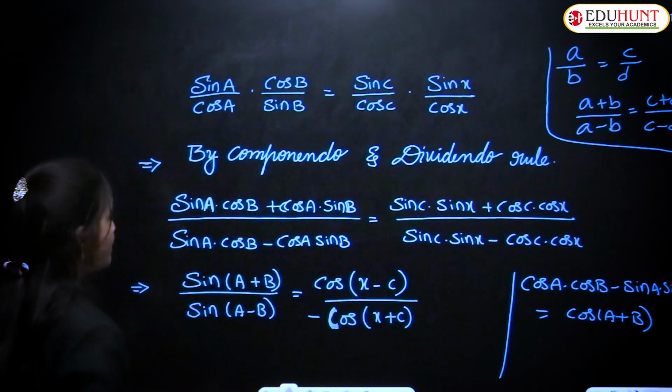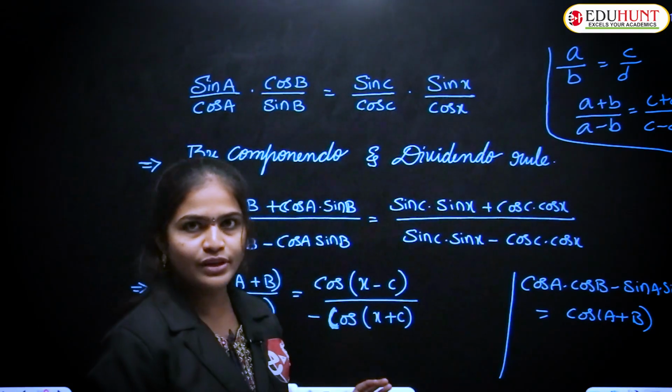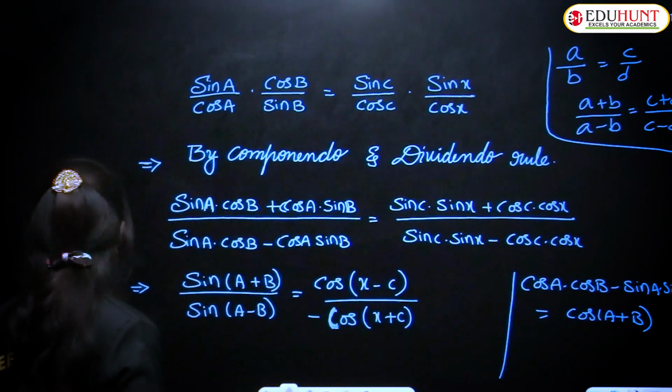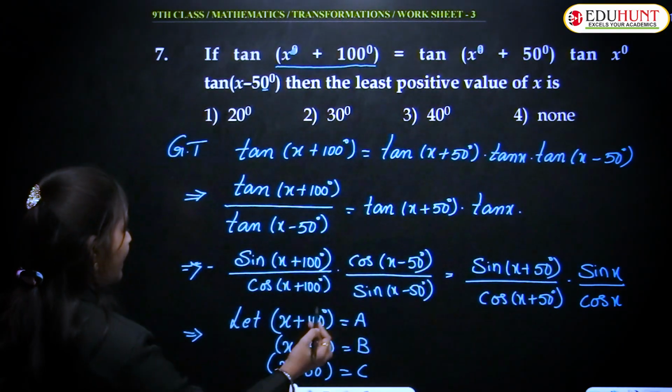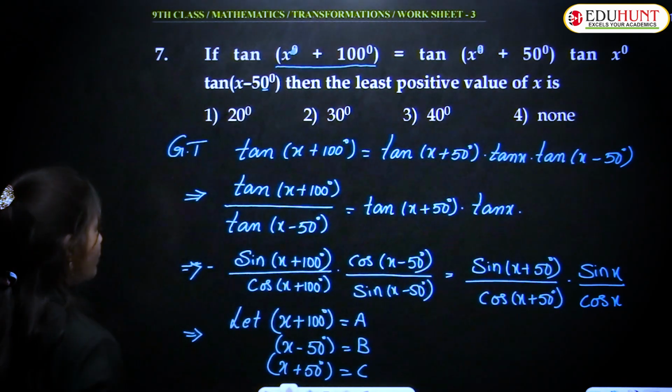Okay, so from this one, now we know the A plus B values, right? So what we have taken in place of A: A is x plus 100. So substitute that.